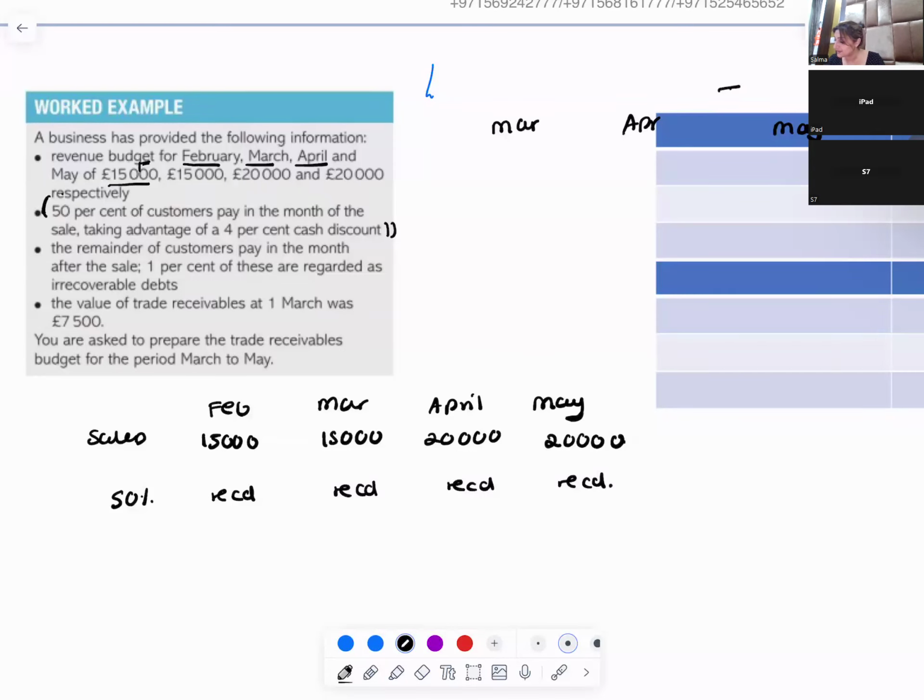I want the trade receivable budget. So 50% of the people pay me in the month of the sale.